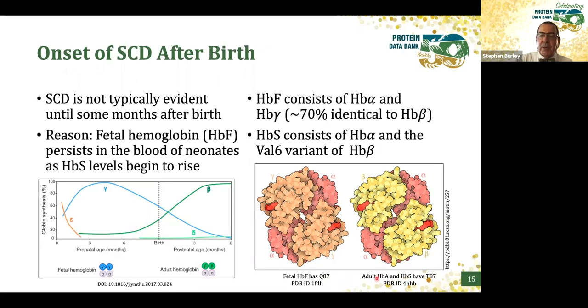And this difference becomes important a little bit later on in the presentation. So just tuck that away, because the presence of glutamine 87 becomes important.